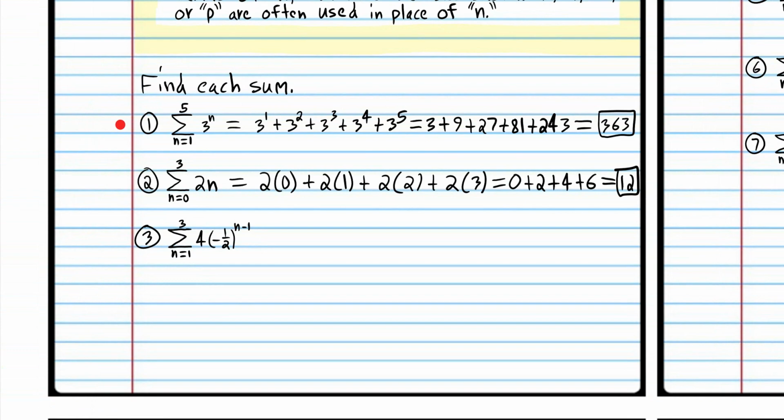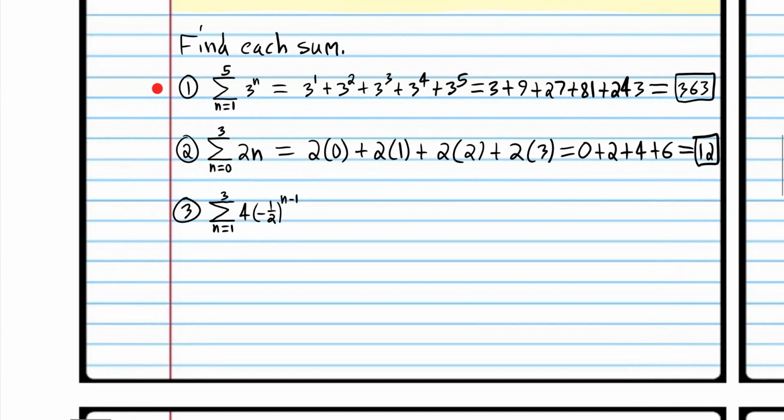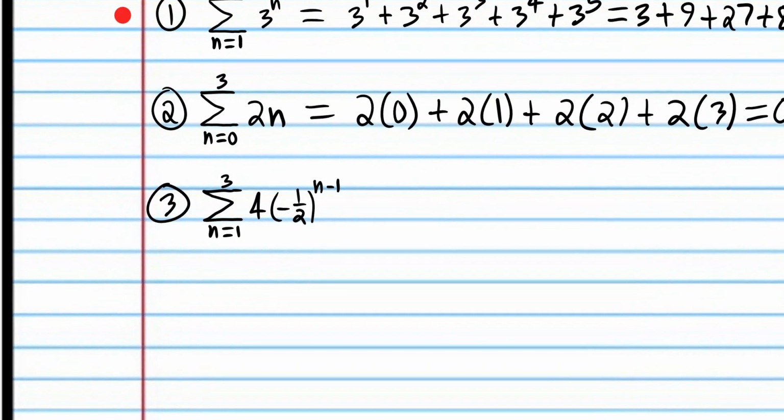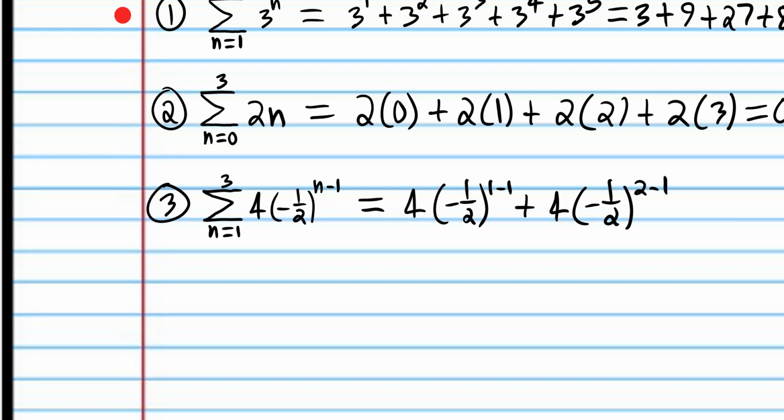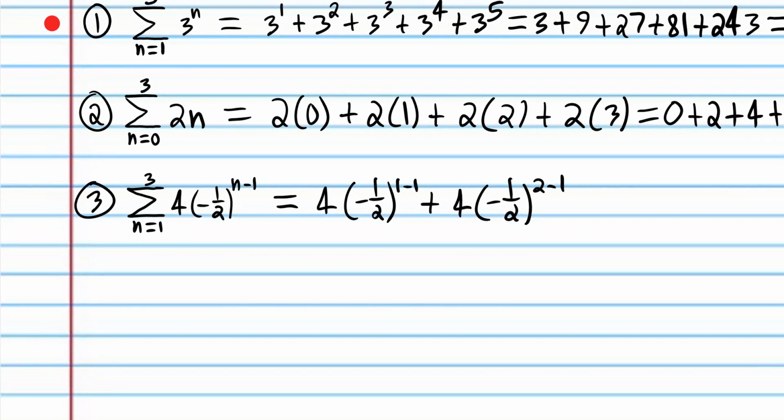So as you can see, this is really not that difficult. Let's try another one. So we're going to first plug in 1 to our expression. Then we're going to plug in 2. And again, the reason we plugged in 1 is because it says to start when n equals 1. And then we're going to plug in 3. And we're going to stop there because it tells us to stop at 3.